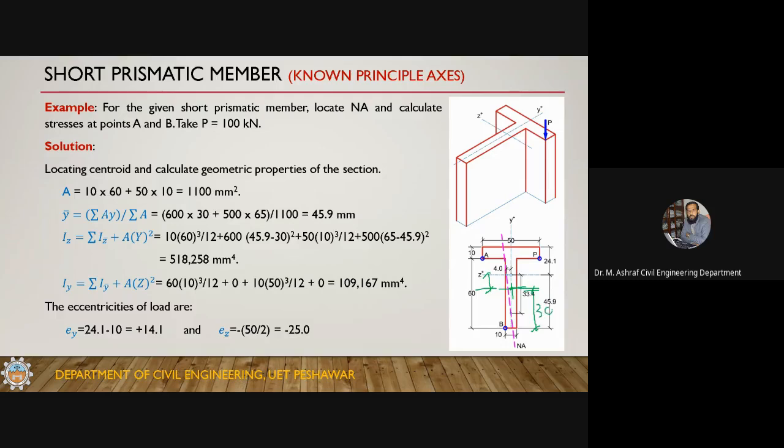So what is the shift distance? You want to shift the moment of inertia from this point to this point. So the shift distance is this one, and this is 45.9 minus 30 squared. Similarly, for this case, 50 into 10 cube divided by 12 plus 500 into this distance. The centroid here is this, and I need this distance.